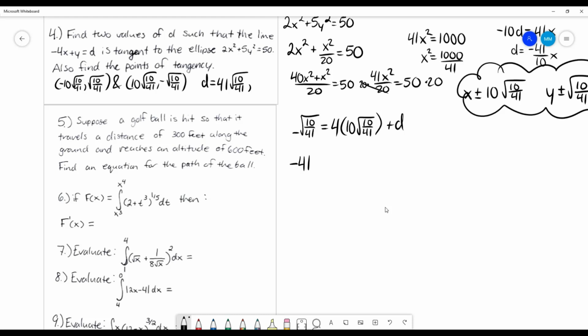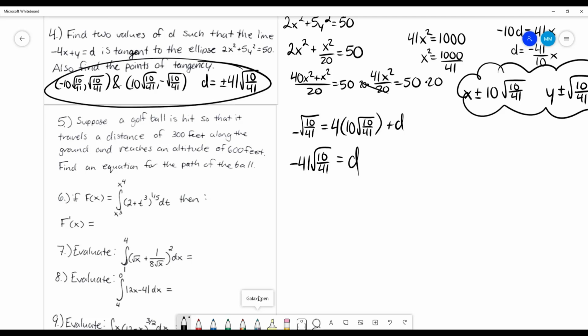I'm going to get negative 41 square root of 10 over 41 equals d. So actually, going back up here, I could write that pretty simply as just plus or minus 41 square roots of 10 over 41. And that's it. There's our answers. We got our points of tangency, and we got those d values. So there we go.